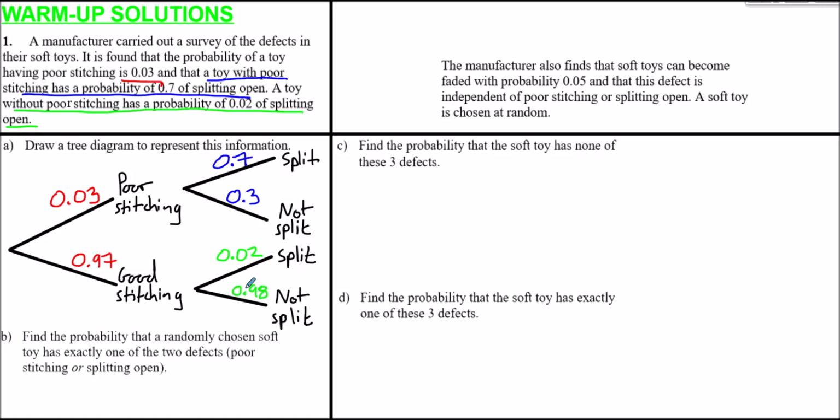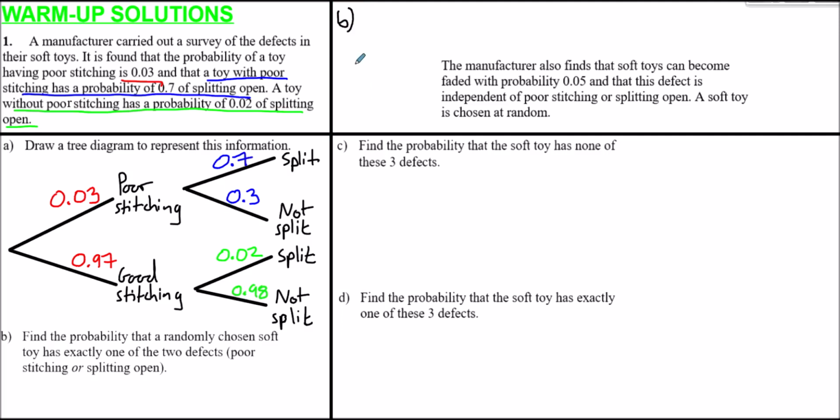For part B, we're asked to find the probability that a randomly chosen soft toy has exactly one of the two defects. Either the stitching's poor or it splits open. So for part B, which I'll do up here because there's a bit more space, as you can see.